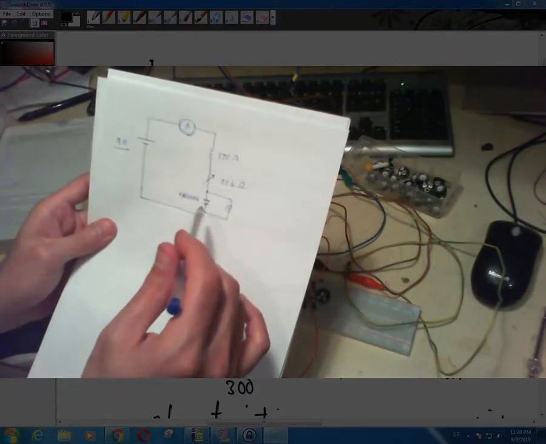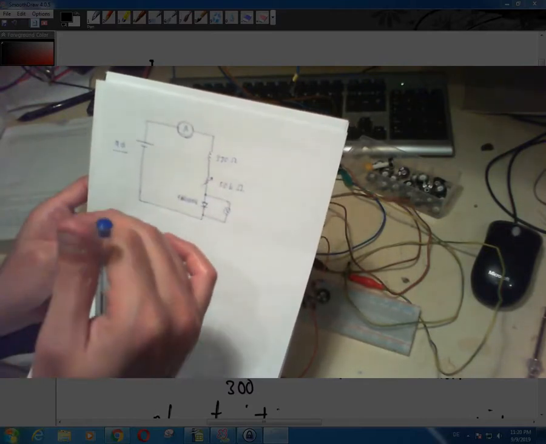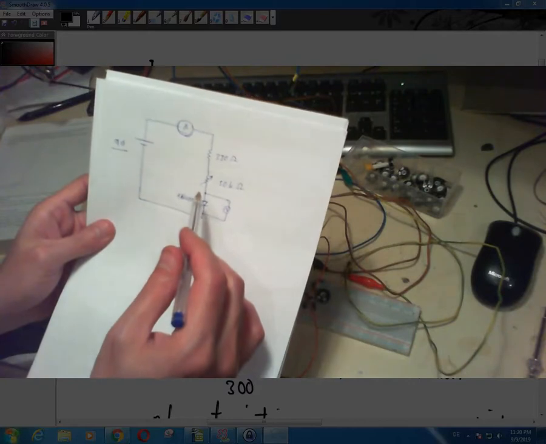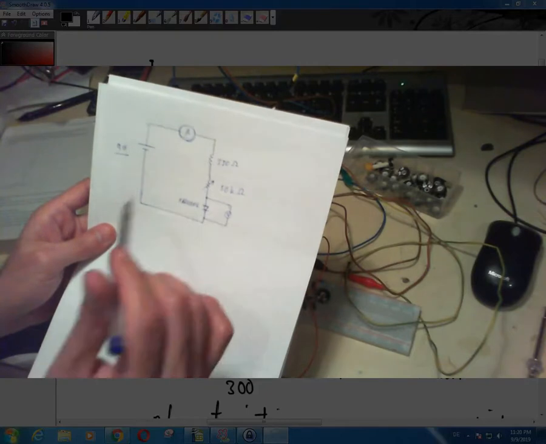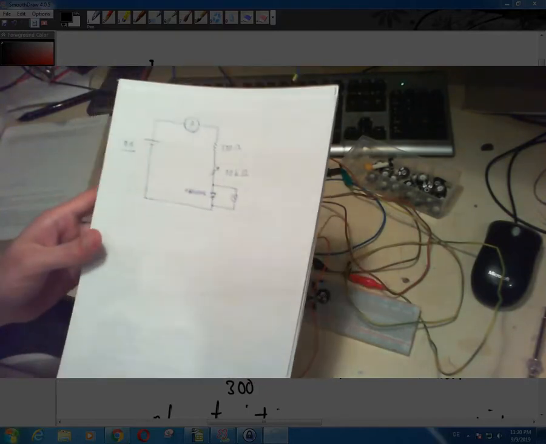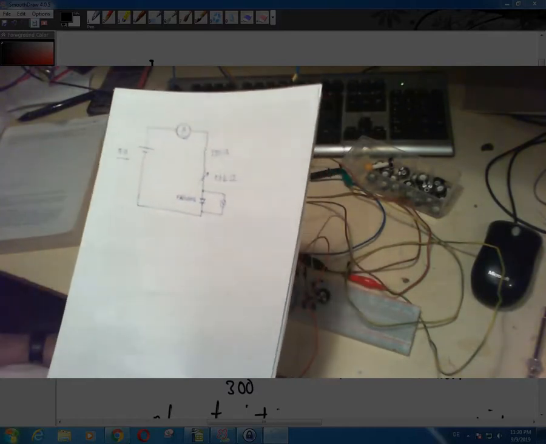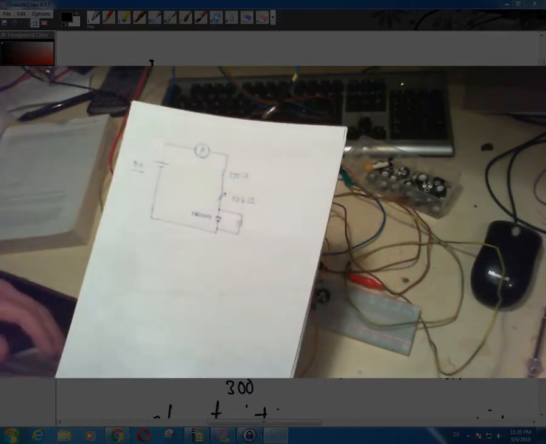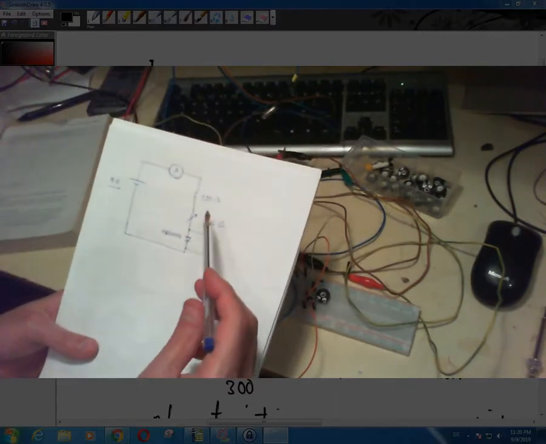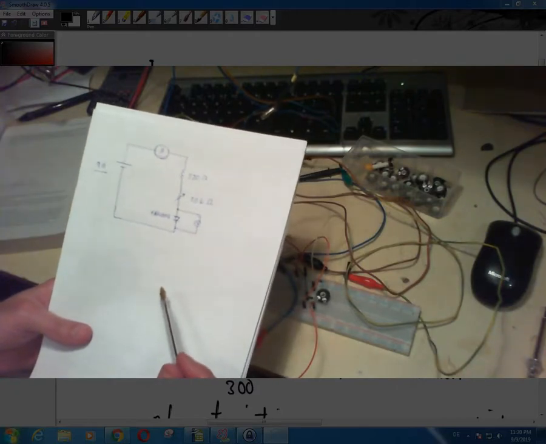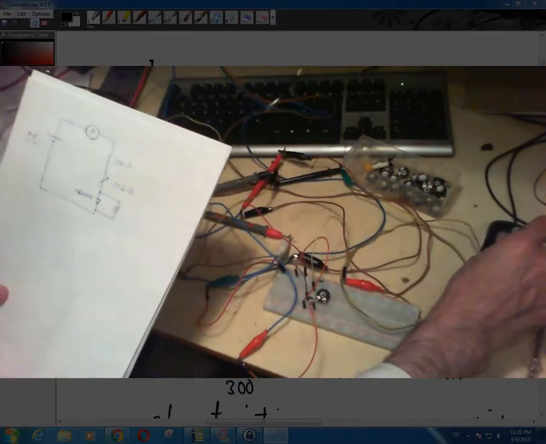And so with the current changing, well, I'm not really sure if it's the current which is the important factor, or whether it's the voltage, but it cannot be the voltage, I suppose. I'm not really sure about this. But let me see.